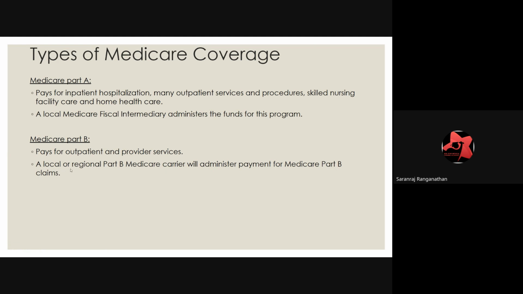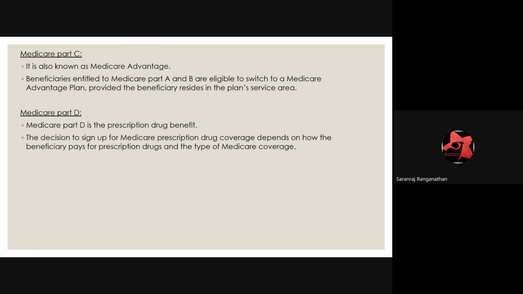So the local regional Part B Medicare carriers will administer the payment. Then Medicare Part C, also known as Medicare Advantage, which means beneficiaries entitled to Medicare Part A and Part B are eligible to switch to the Medicare Advantage plan provided the beneficiary resides in the plan service area.